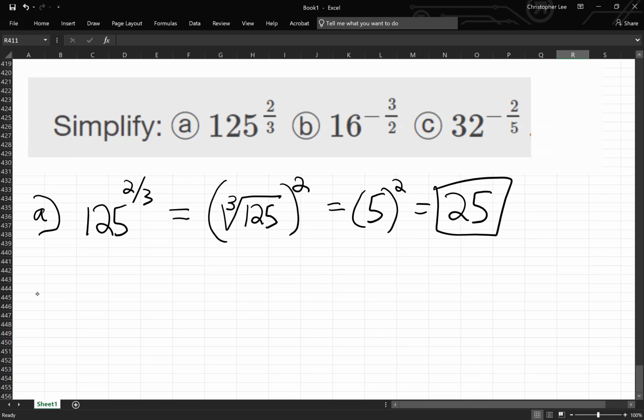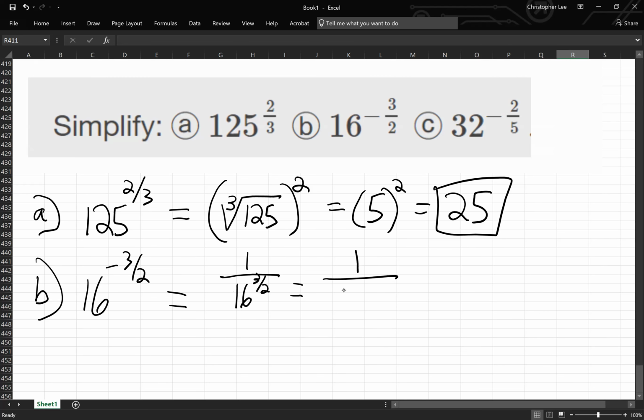So walk me through how to do B. B says 16 raised to the negative 3 over 2 power. Very good. Not the cube root. More simple than that.